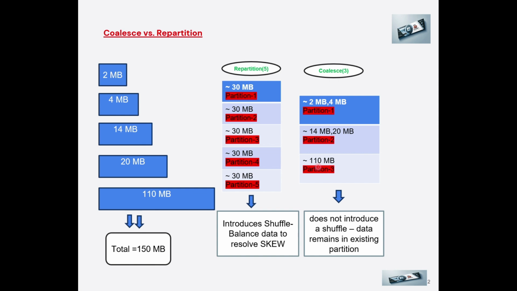This can lead to uneven distribution but avoids the overhead of a shuffle. In summary, repartition is great for redistributing data evenly, while coalesce is better for reducing partitions without triggering a shuffle. Now let's analyze these techniques by performing a code example using Databricks.